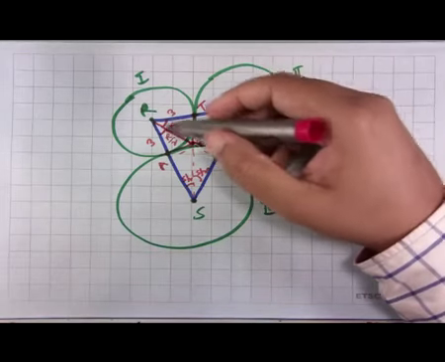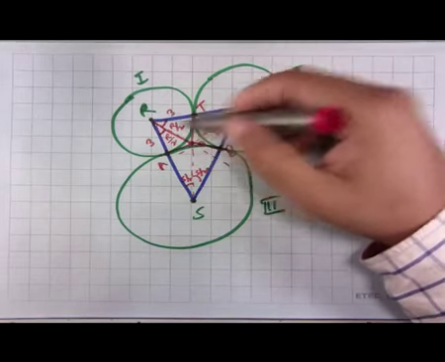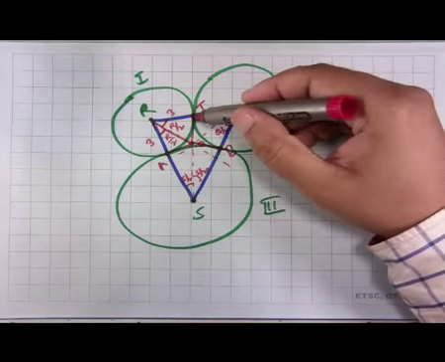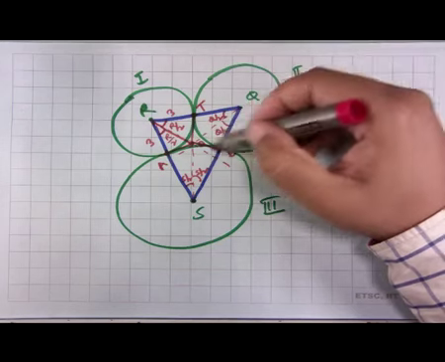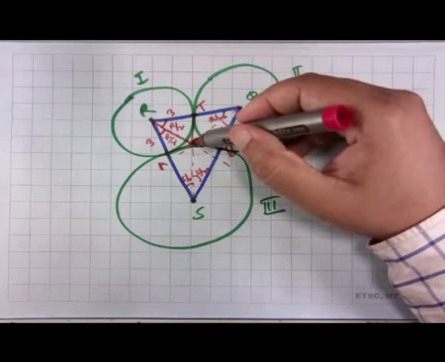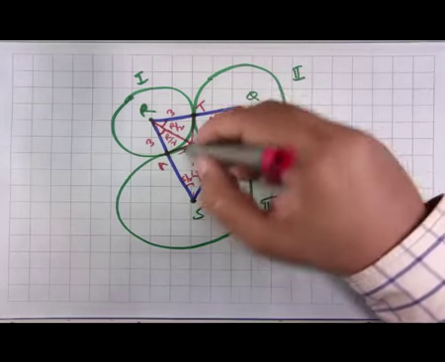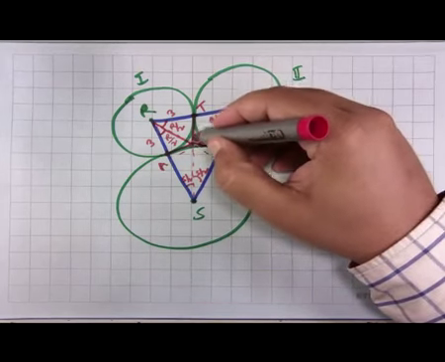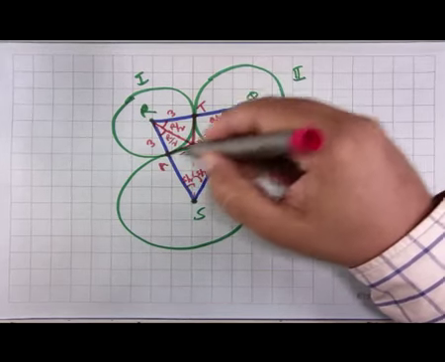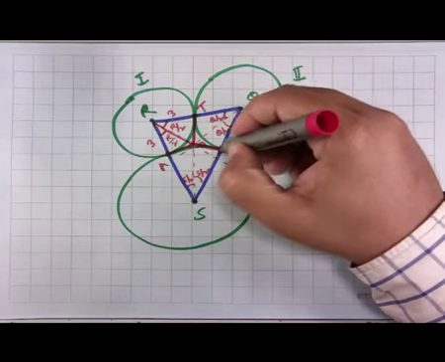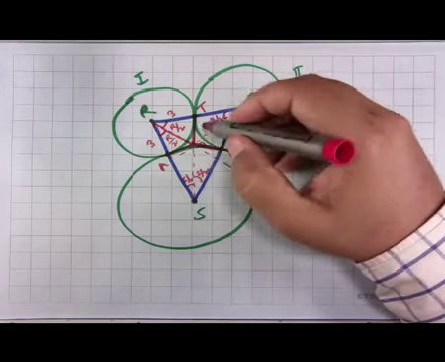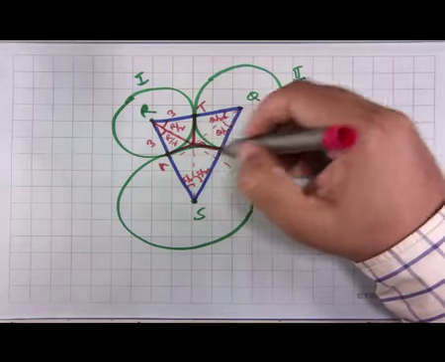Just as we showed that these two triangles are congruent, we can also show that this triangle and this triangle are congruent, and therefore this length is equal to this length is equal to this length. So these three lengths are equal.